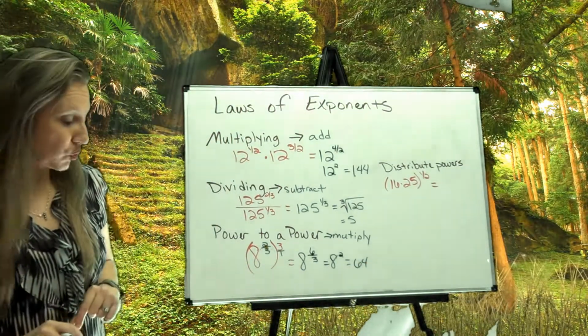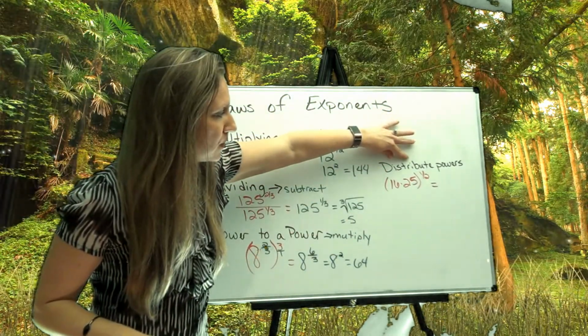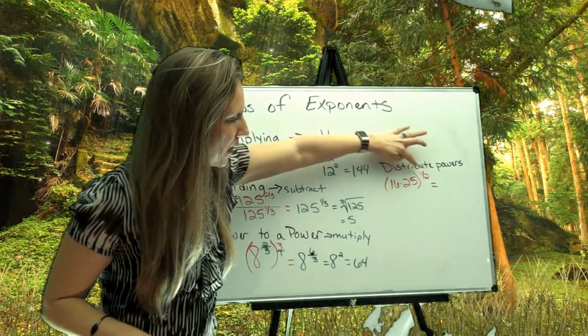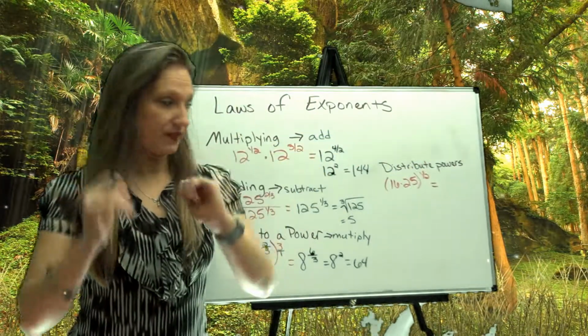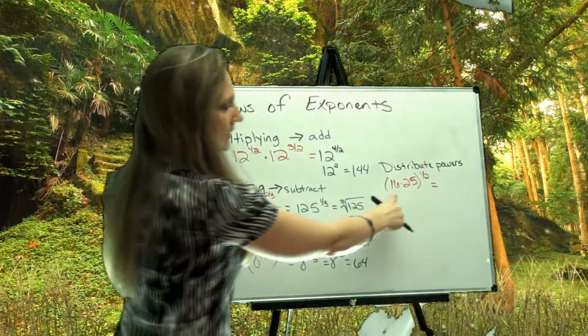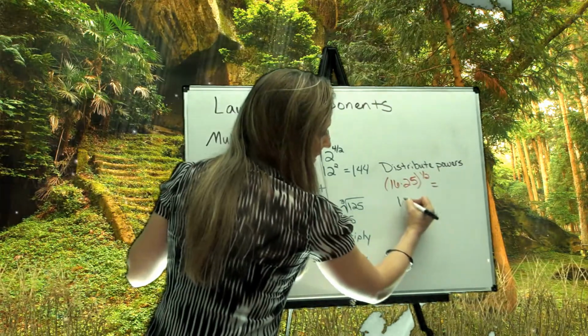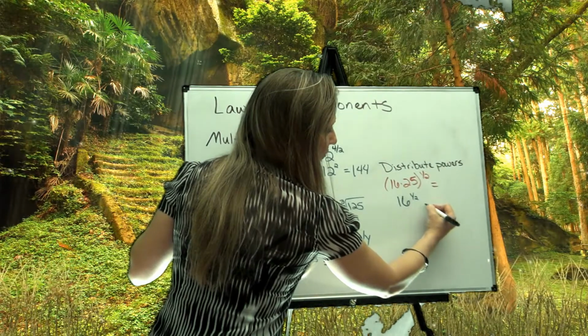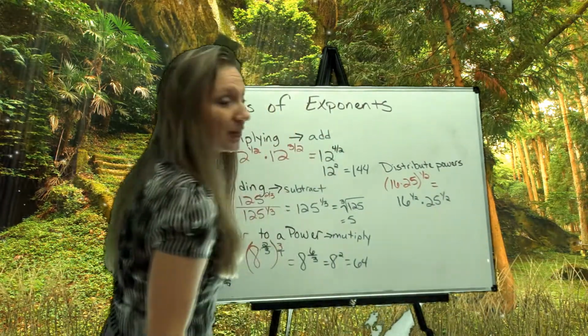All right, the last rule that I want to remind you about for the laws of exponents is that you need to be sure and distribute powers to everything in the parentheses if it's being multiplied together in the parentheses. So we have 16 times 25 to the 1/2 power. This is the same as saying 16 to the 1/2 power times 25 to the 1/2 power.